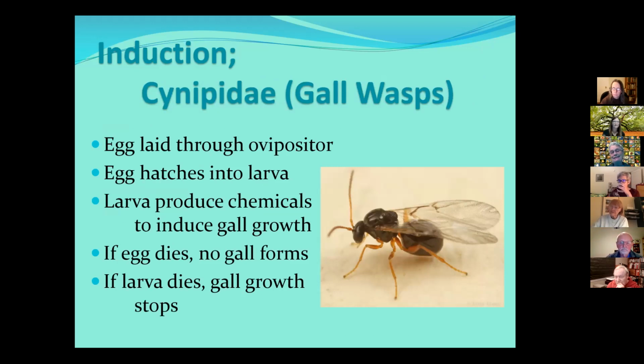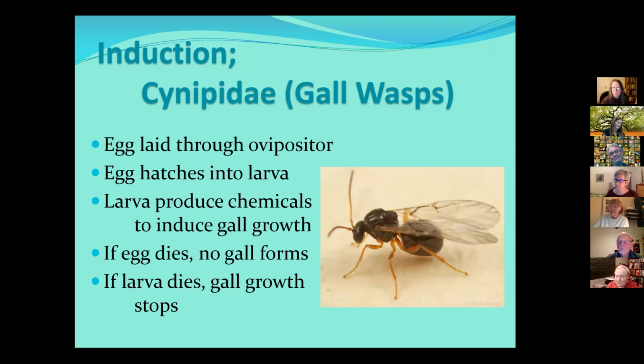In this case, the egg also comes down through the ovipositor, and it actually hatches before any gall growth happens. So the gall doesn't start to form until after the larva starts growing. Some of my friends who also study cynipids say that they're sure it's not salivary, or anything in the saliva.